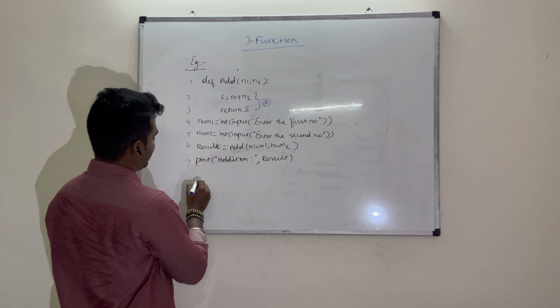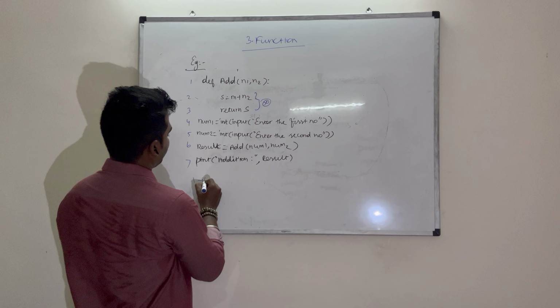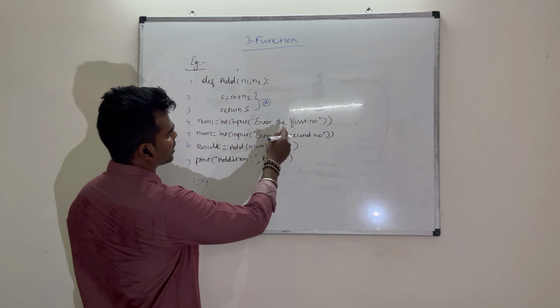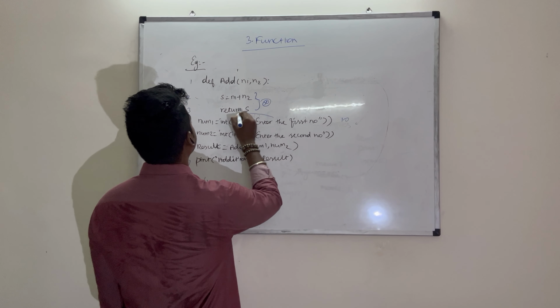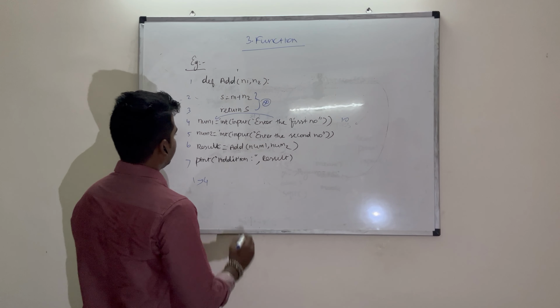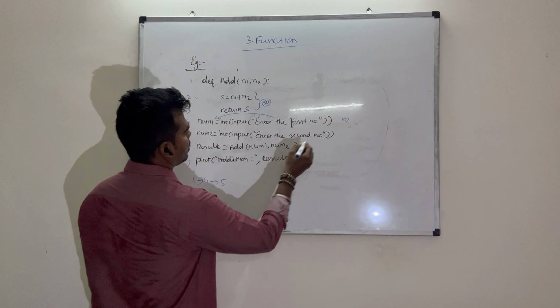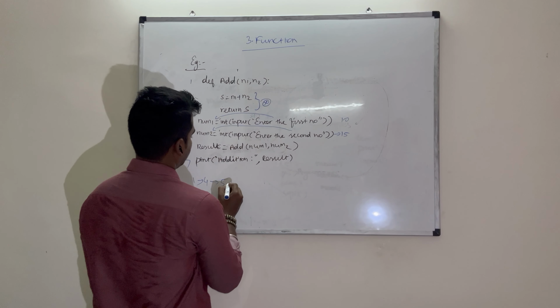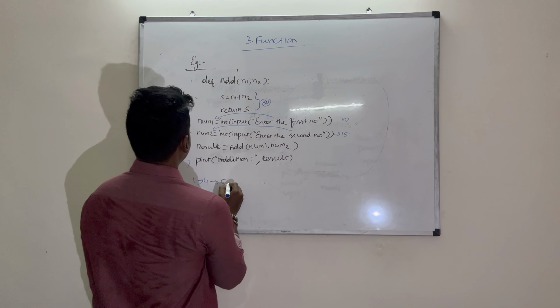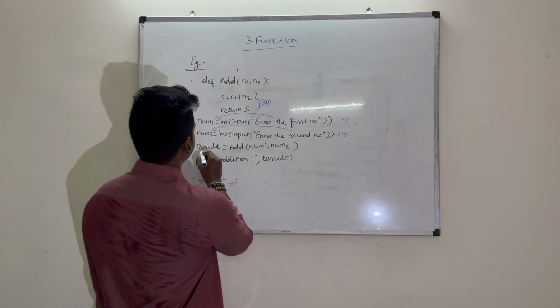First, line 4 will be executed: enter the first number. Let me give 10. So 10 is stored in num1. Next, line 5 will be executed. Let me give 15. 15 will be stored in the variable num2. Next, line 6 will be executed.